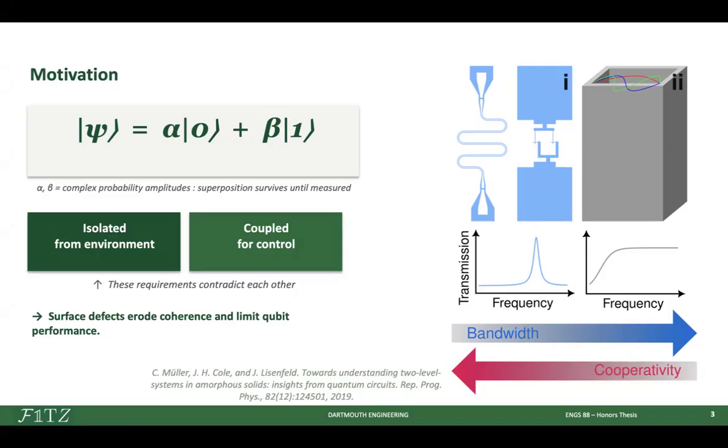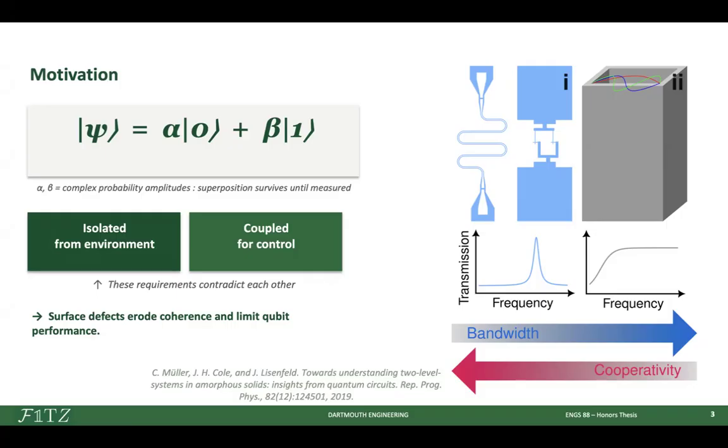And you can kind of think about it like this, in simple terms. You're in a room, you're trying to have a quiet conversation, and there's a bunch of tiny speakers around you making random noises. That's kind of what these defects do to qubits. And if you look at this plot here, it shows the trade-off between probing these defects with high sensitivity versus probing them with a broad frequency range.